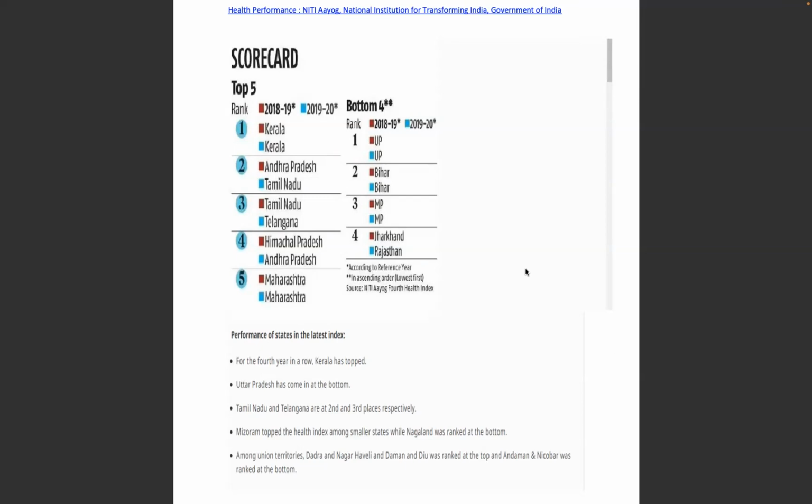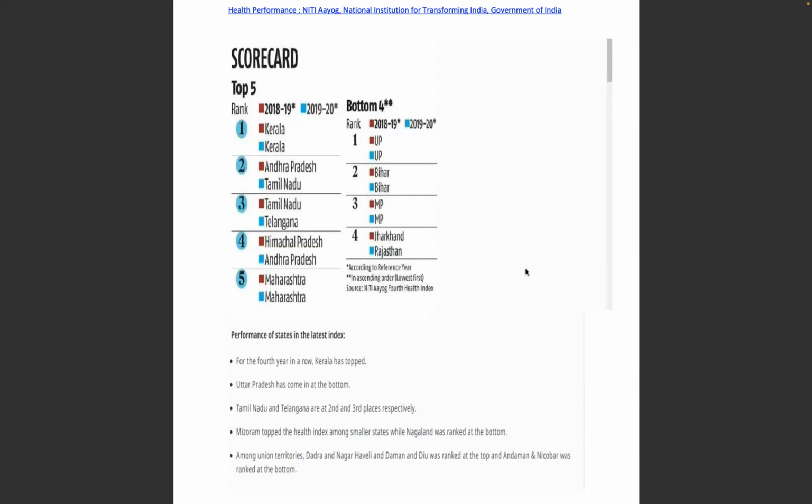But it's not that this particular ranking is saying that the northern part is not working towards health, or the southern part is working towards health. Although you can very well make it out how best facilities are placed in the southern part of India compared to the northern part of India as per the health index.